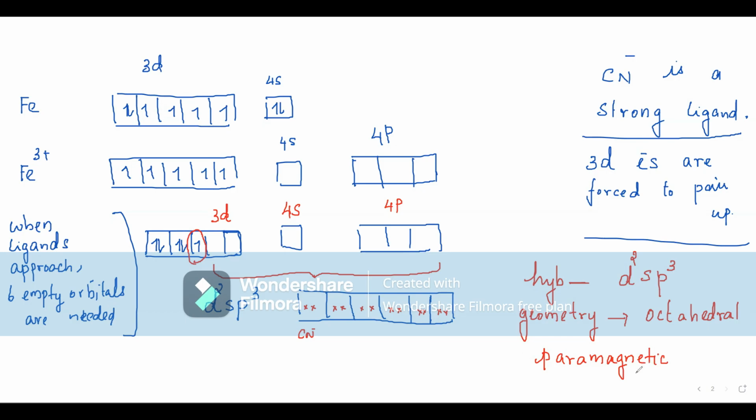It is paramagnetic due to the presence of an unpaired electron in 3d. What else? Is this an inner orbital or an outer orbital complex? This is an inner orbital complex.